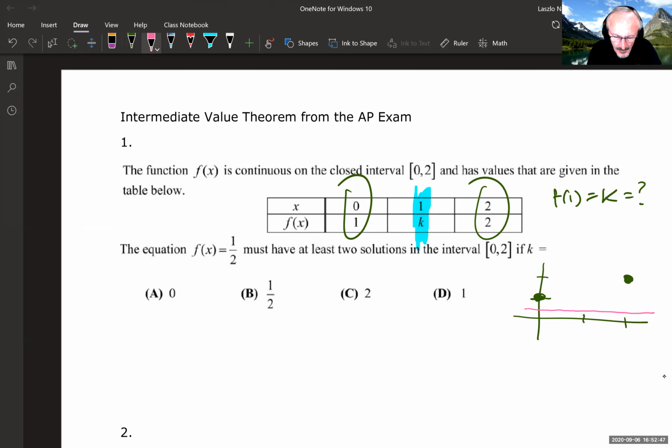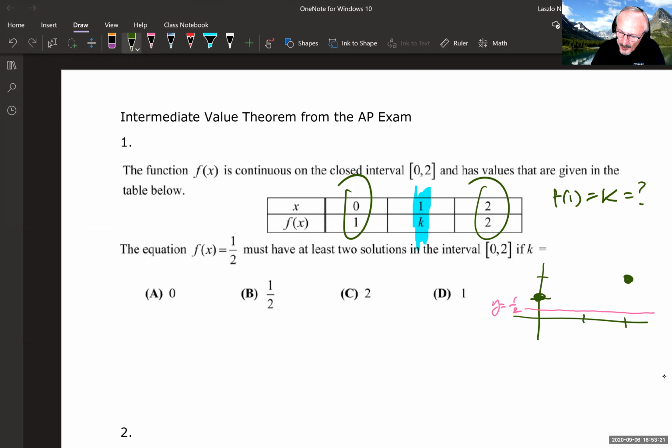And clearly, if there needs to be minimally 2 solutions, then the curve connecting the 2 points that I've drawn needs to actually cross this line y equals 1/2. And so consequently, to guarantee that you are going to end up with 2 solutions, we need to have, let's see, 1/2 would not be enough.